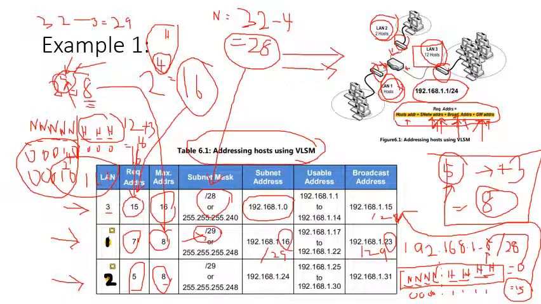So 3 bits will be at the host portion. So it is the same. 3 bits. 2, 4, 6, 8. Okay, so the same partition. 3 bits at the host portion.